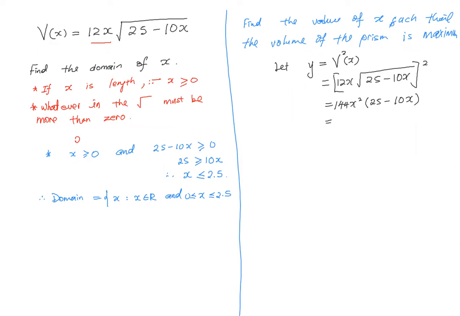Type in 144 times 5. In the exam, I will not waste my energy calculating manually. Calculating mentally is a waste of your energy. 144 times 5 is 720. I put here 720, then left with 5x squared, I expand, take away 2x cubed.